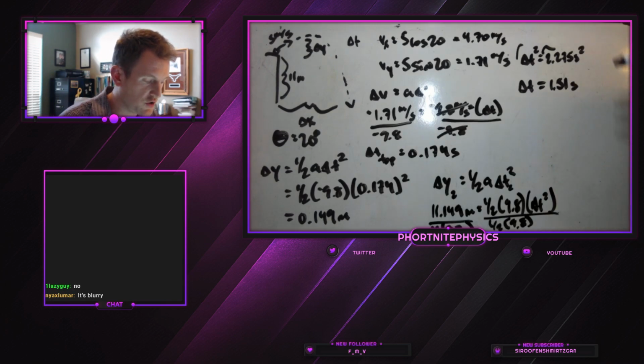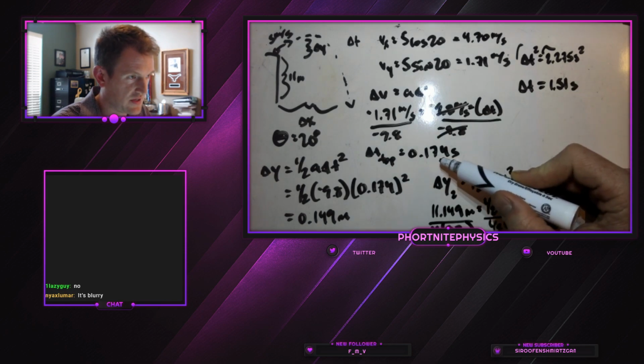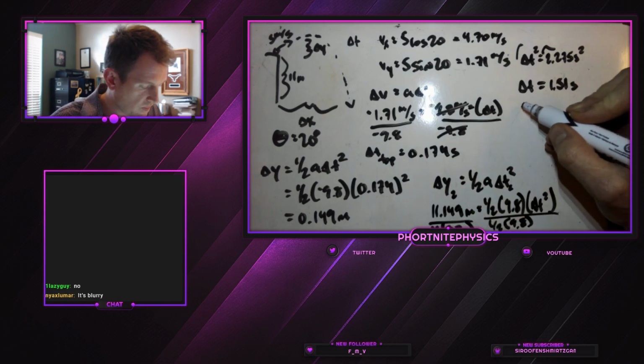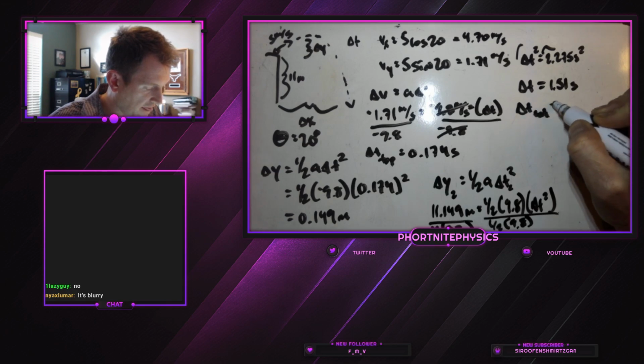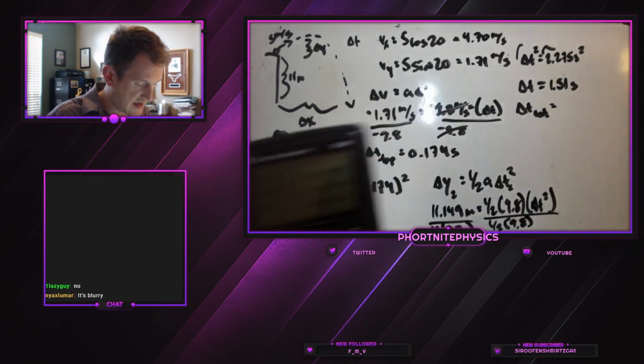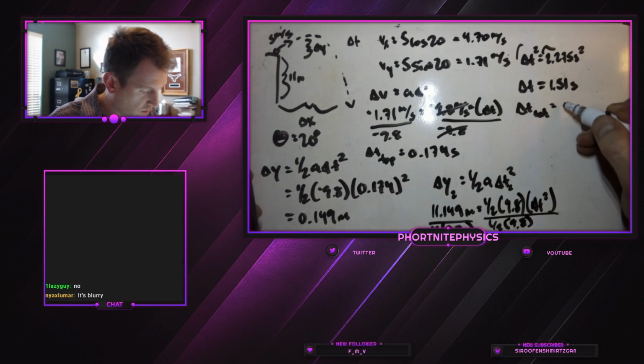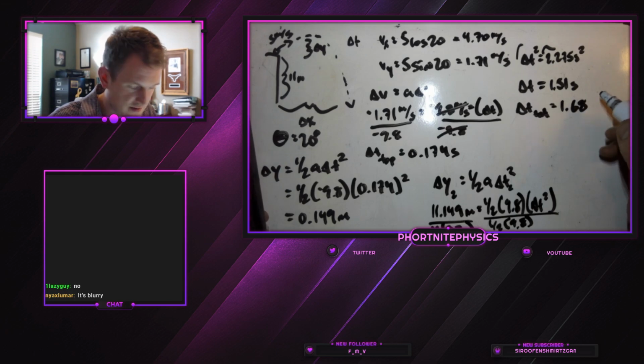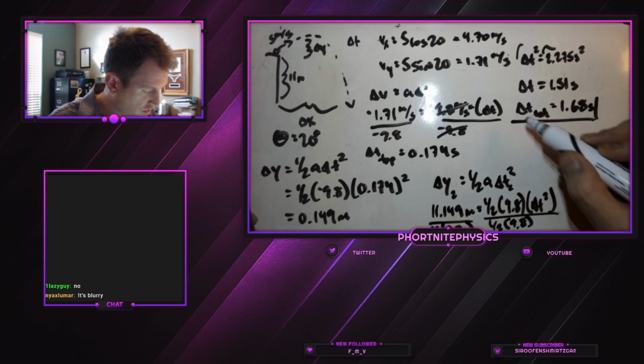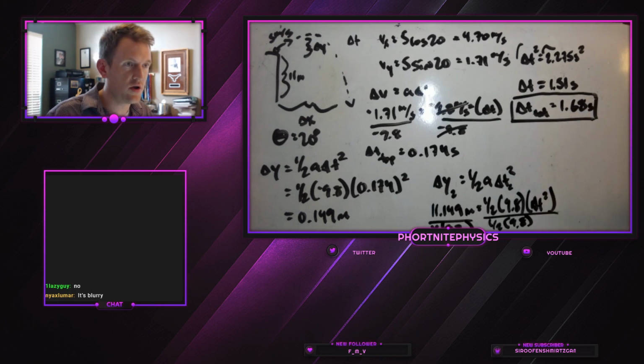So our total time is this plus 0.174, or 1.68 seconds. That's how long the object is in the air when shot from that very tall platform. And we already found out how high up it goes.